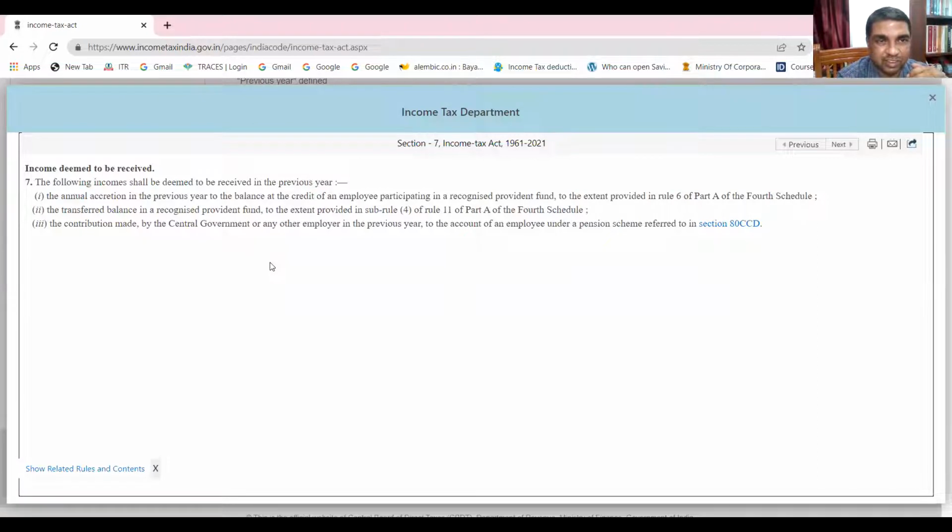Here you see, the following income shall be deemed to be received in the previous year. So three items are there which will be deemed to be received. Don't worry, I'll be explaining all these three items, such as annual accretion in the previous year to the employees' recognized provident fund. But the relevant section is section 7. Did you see it?